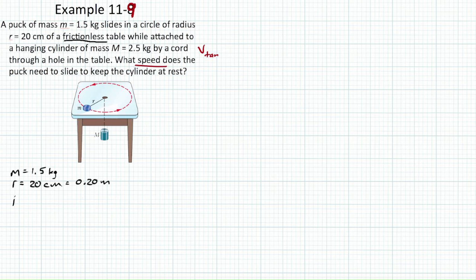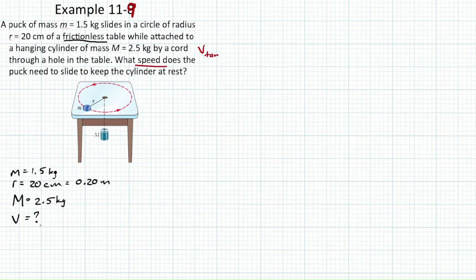And the mass, capital M, of that weight hanging down through the middle of the table is 2.5 kilograms. And we want to find the tangential velocity of that puck.